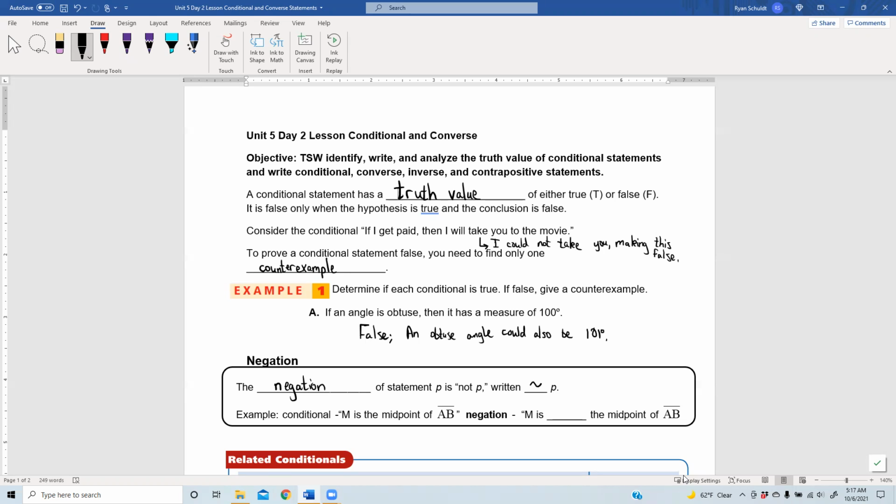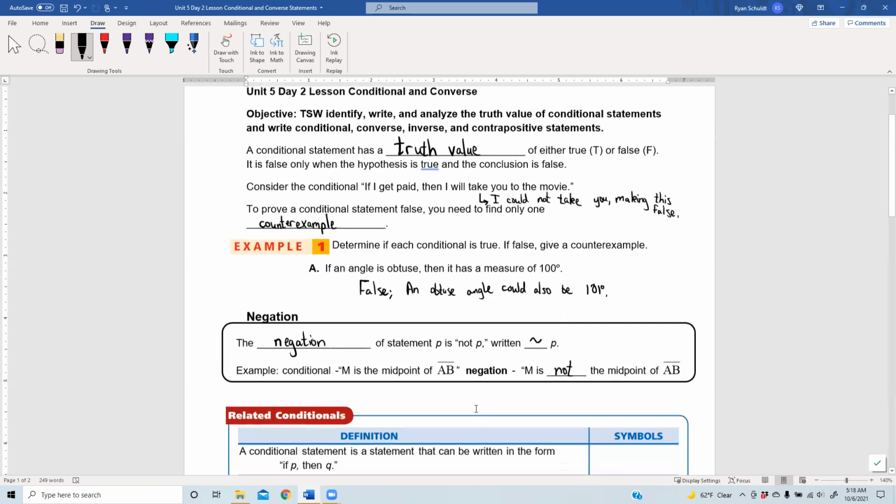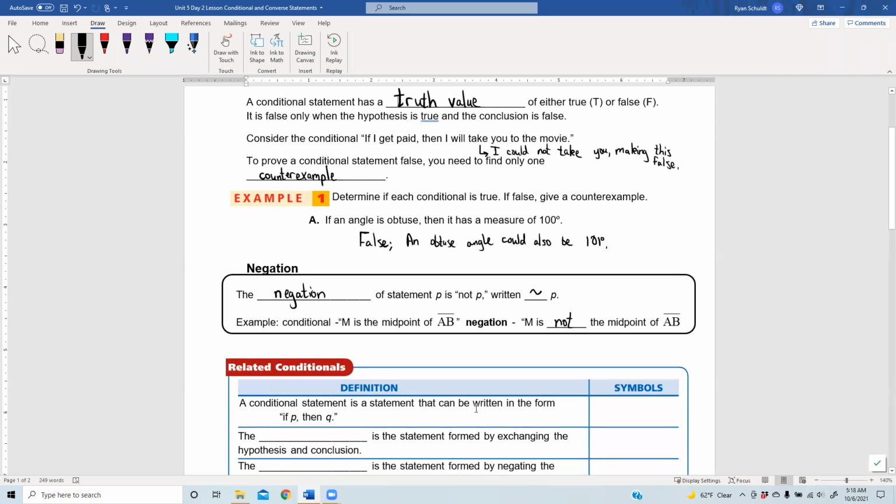It's written with the tilde and then P. That stands for not P. Now, negation is just saying no. So our example would be M is the midpoint of AB. The negation of that would be saying M is not the midpoint of segment AB. That's all negation is. You're just saying no.